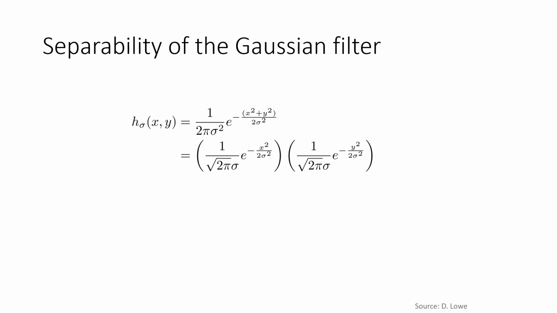You can separate this into this term and this term: this is the horizontal one, and this is the vertical one. So it is also a separable filter. It means if you want to apply the Gaussian filter to a certain image, you can compute it very efficiently.